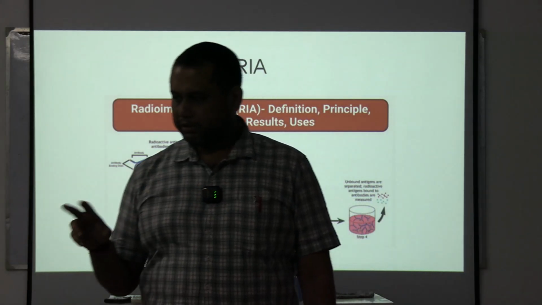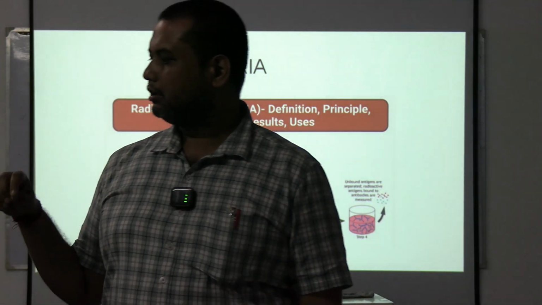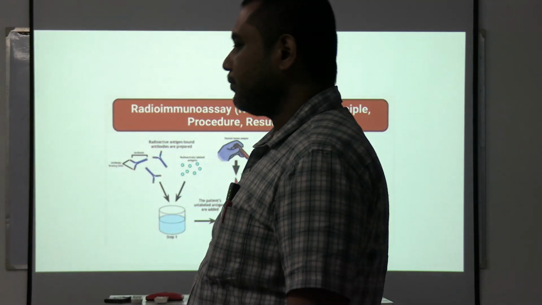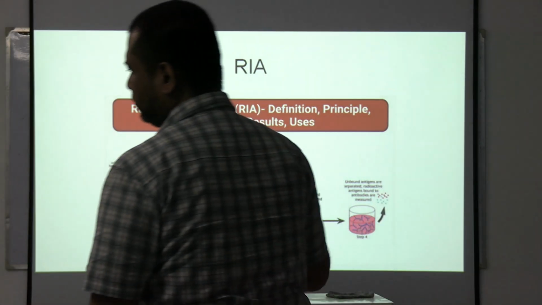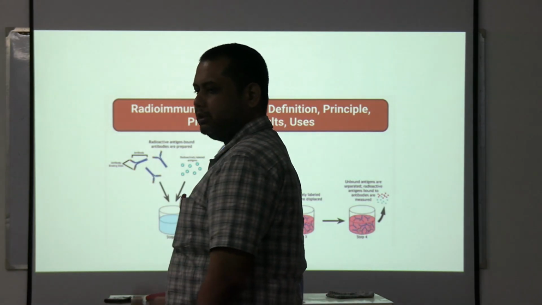So there is a competition between the radiologically tagged substance and the substance which we want to measure. So a certain amount of radioactive material will be released, and that is being measured.